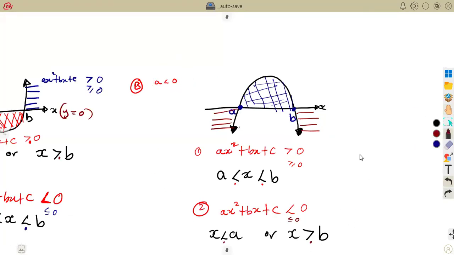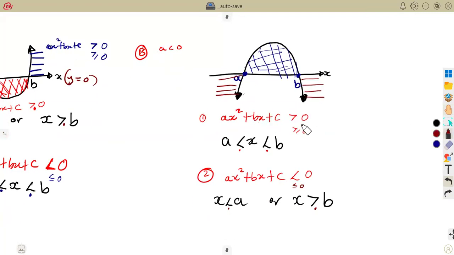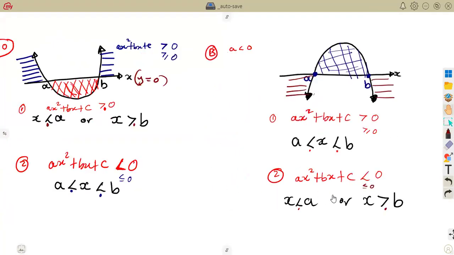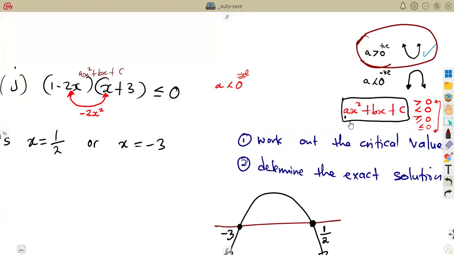Remember, we saw that for the function x squared plus bx plus c greater than 0, our solutions on top will be in between. If it is less than, this will be your solution. This time you're working with this type of function. So in our case, what are they saying? The whole of our function is less than or equal to 0.